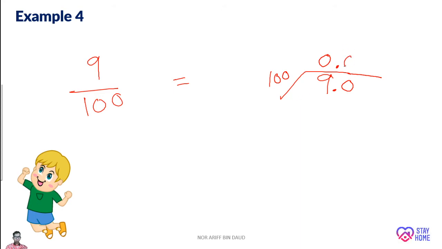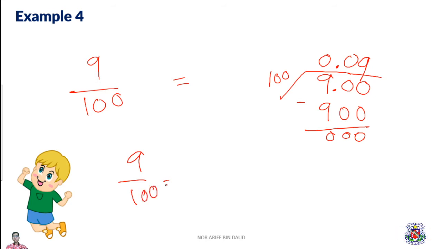So put another 0. Then we put another 0 here, so the number becomes 900. So you may put 9 times 100, 900. You subtract and get 0. What times 100 becomes 900? The answer will be 9. So 9 over 100 becomes 0.09.